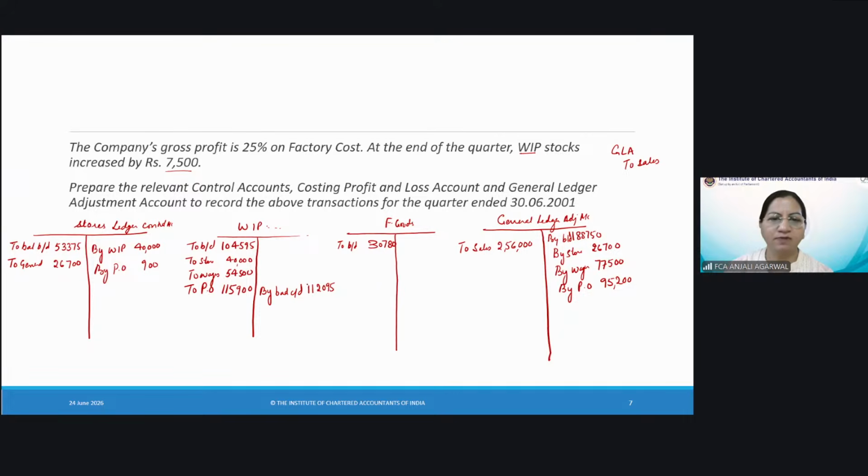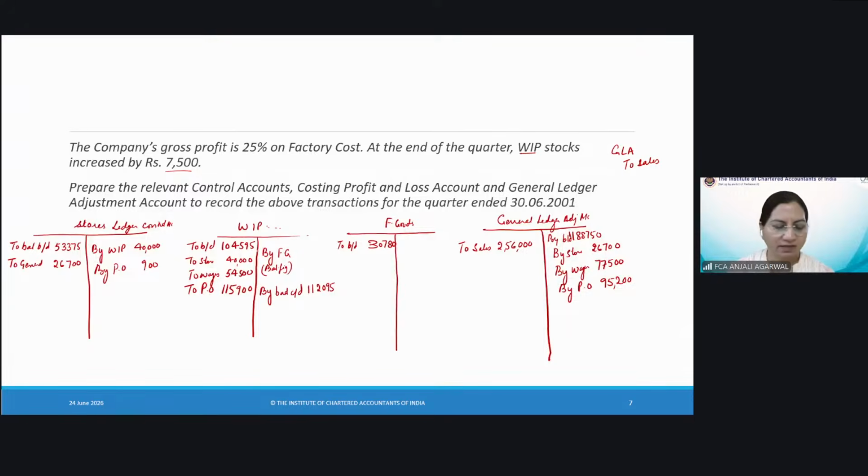If this is the closing balance, what happens to the rest? The rest goes to finished goods. This means your incomplete work is worth 1,12,095. The rest, whatever is the balancing figure, that's finished goods, 100% complete.